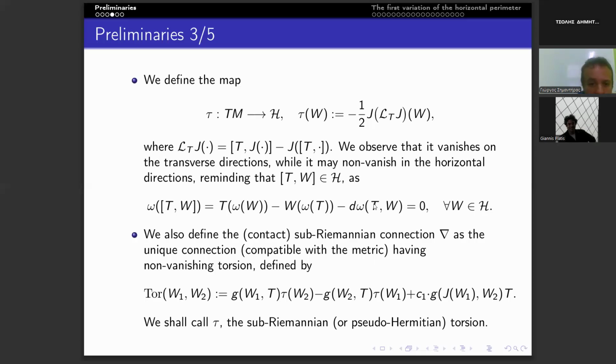this quantity vanishes too. Then we have a generalization of the Tanaka-Webster connection here, which is the unique connection compatible with the metric with non-vanishing torsion, and the torsion is defined by this formula, and we call tau, this map here, the sub-Riemannian or pseudo-Hermitian torsion.